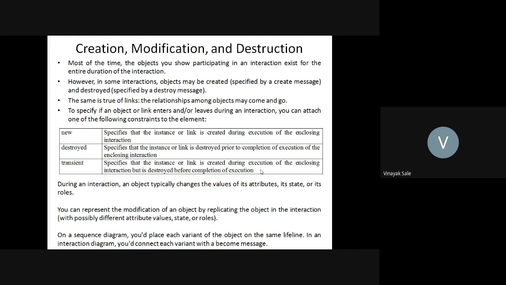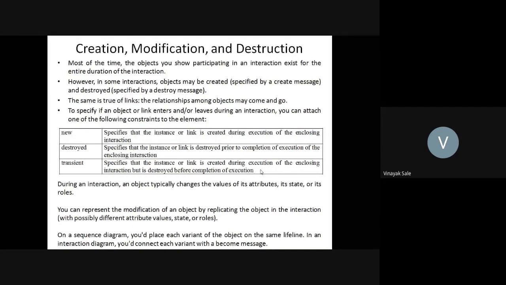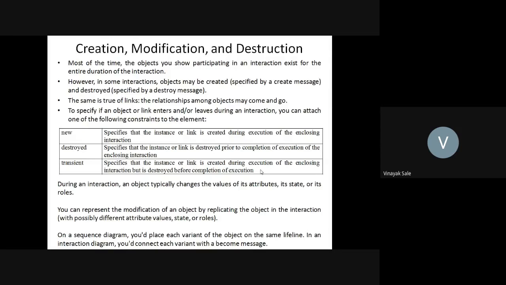So you can represent the modification of an object by replicating the object in the interaction with possibly different attribute values, state, or roles. On a sequence diagram, you should place each variant of the object on the same lifeline. In an interaction diagram, you should connect each variant with a become message.